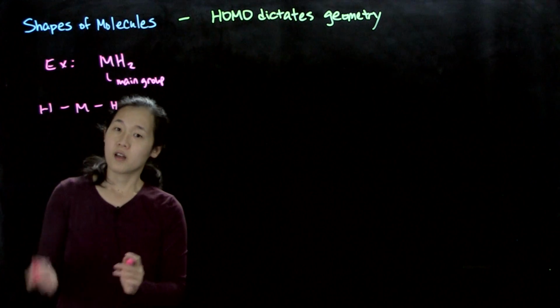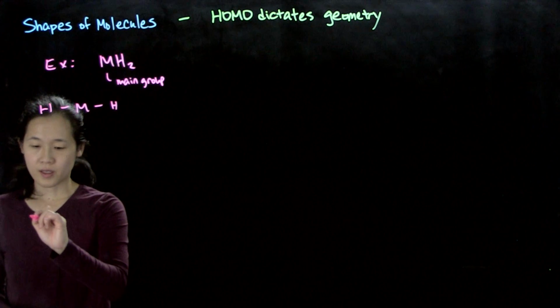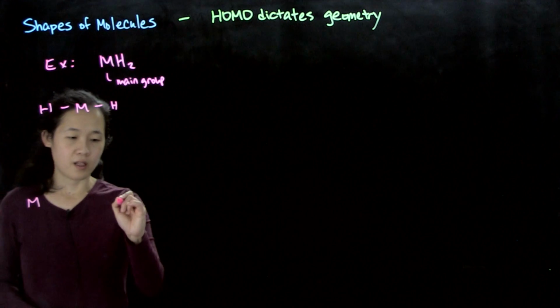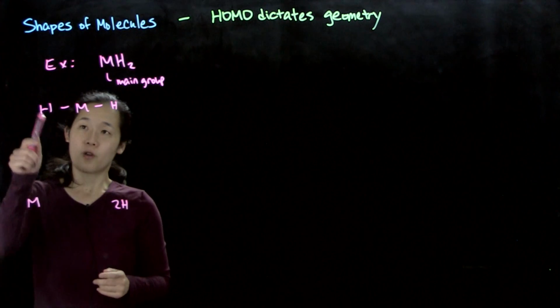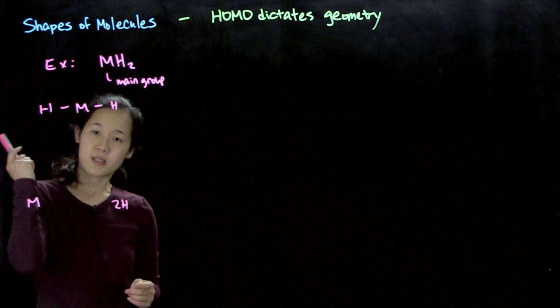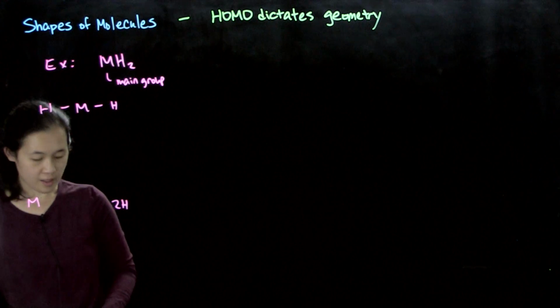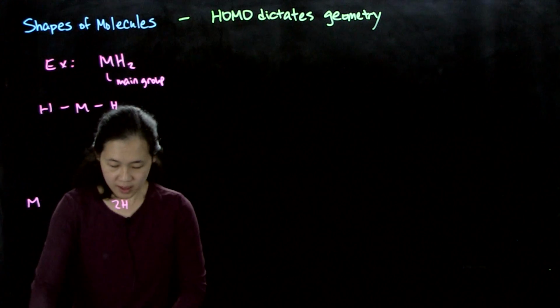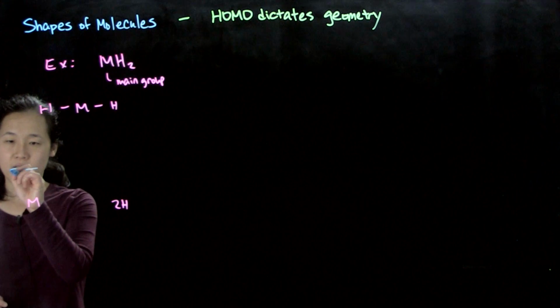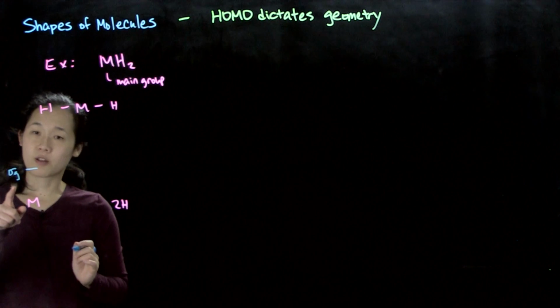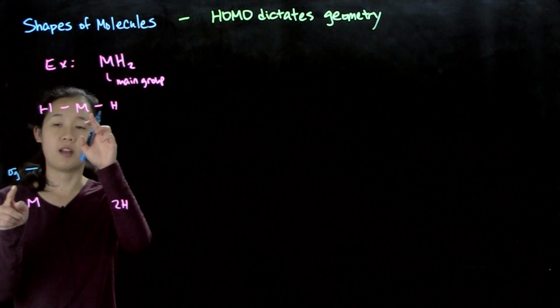If we were to make our MO diagram, here's the metal, here are two hydrogens. I won't go through it, but for this linear geometry, this is D infinity h. If you were to use the character table, what you'd get out would be that the s orbital of the metal is going to be sigma g. Remember, g stands for gerade, for a system with an inversion center.